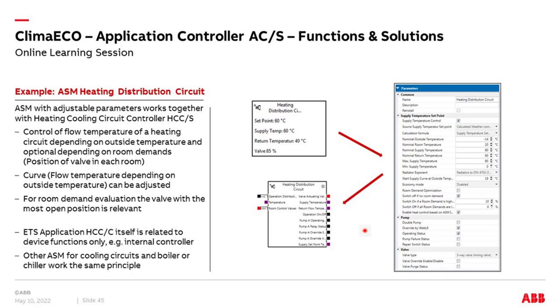And that's the task of these additional ASMs for the four different functions: heating, cooling, boiler chiller, or the heating or cooling circuit control. So for example, you would like to change the curve flow temperature of the circuit depending on outside temperature. The typical solution in HVAC, in heating or cooling circuits, this curve is a graphical solution.